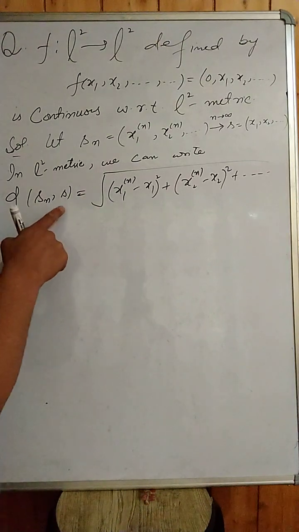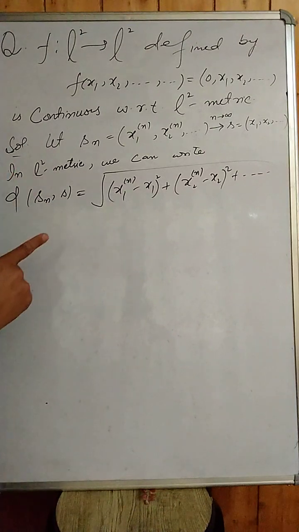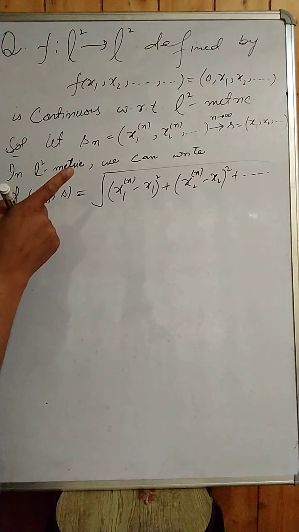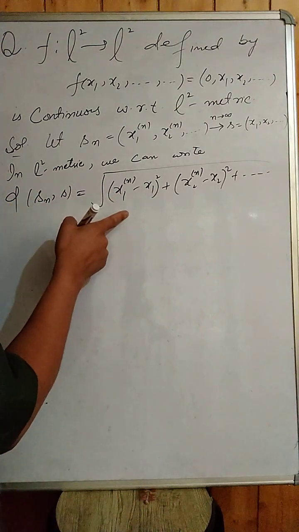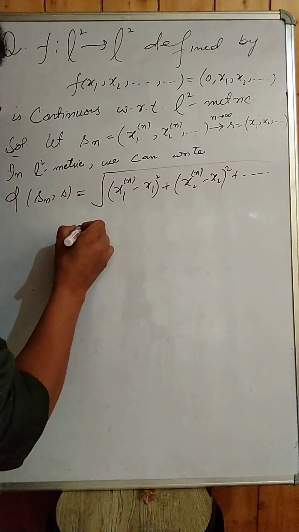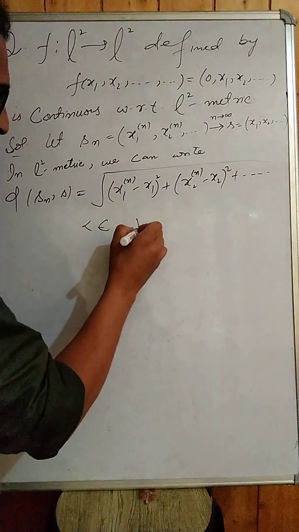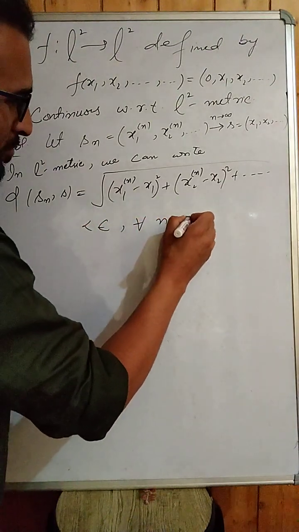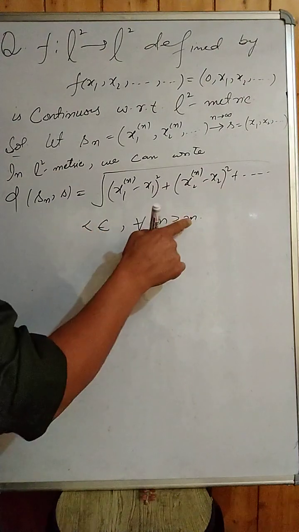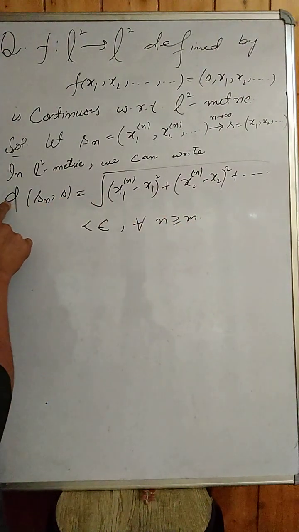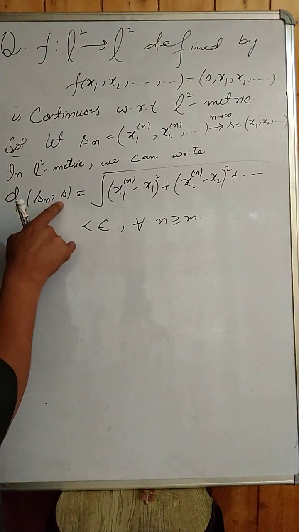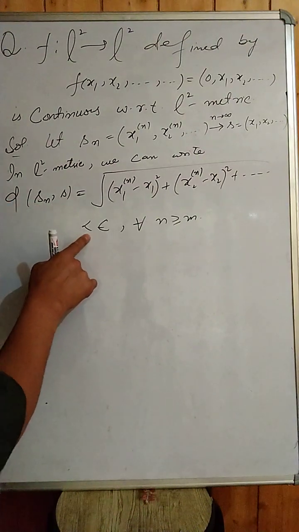Since it converges, we can take this less than epsilon after some stage. That means this is less than epsilon for all n greater or equal to m. That means after this stage, this converges to this. This is the reason I have written here that the distance between Sn and S is less than epsilon.